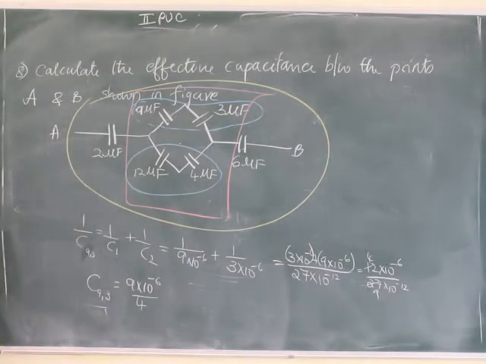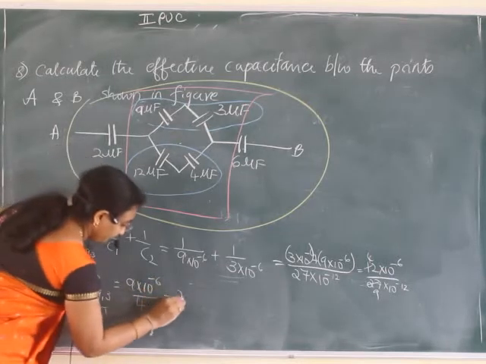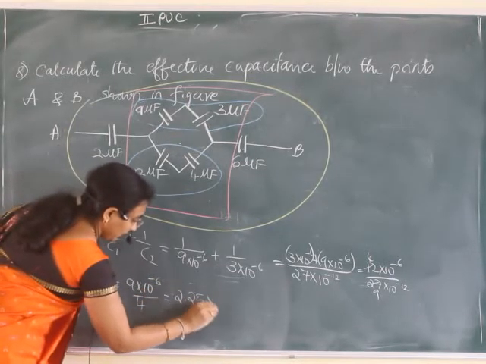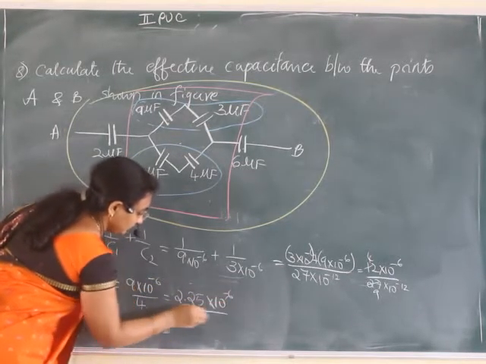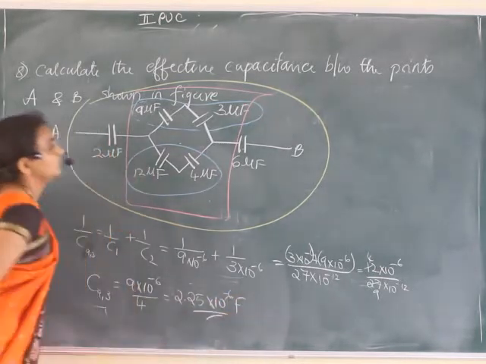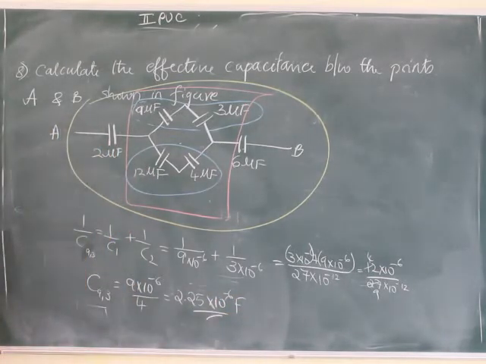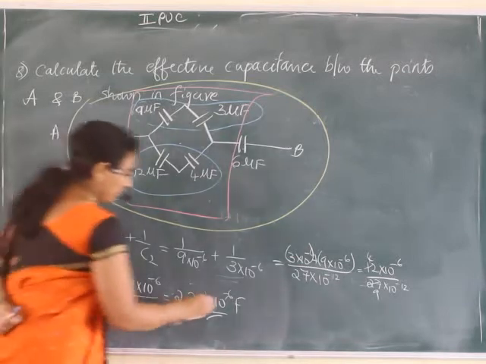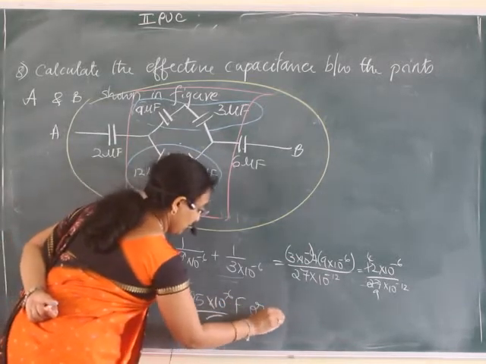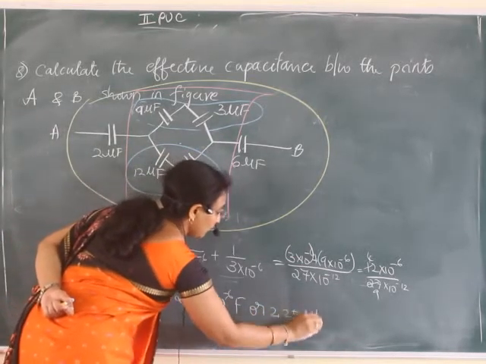What is the answer? 2.25. 2.25 into 10 to the power minus 6 farad, or 2.25 microfarad.